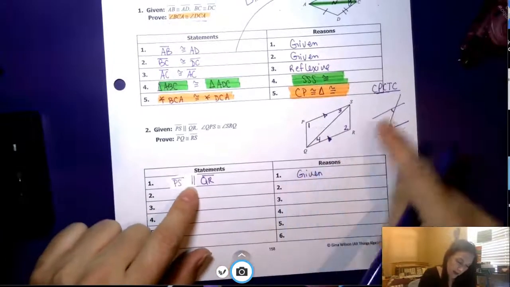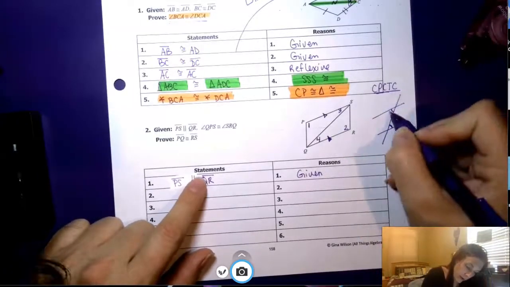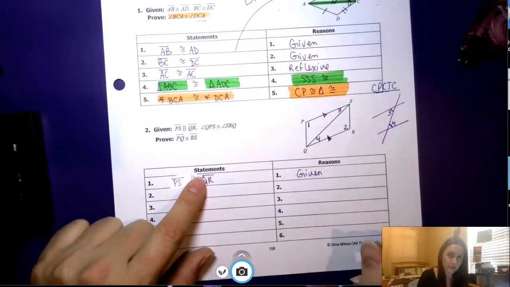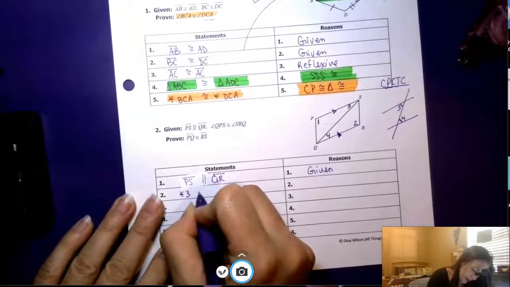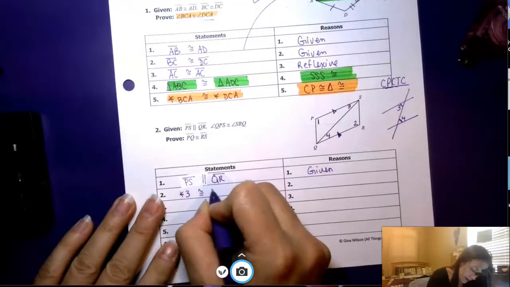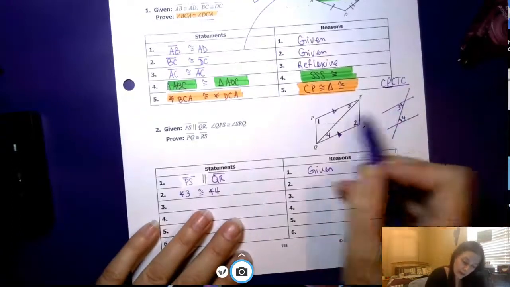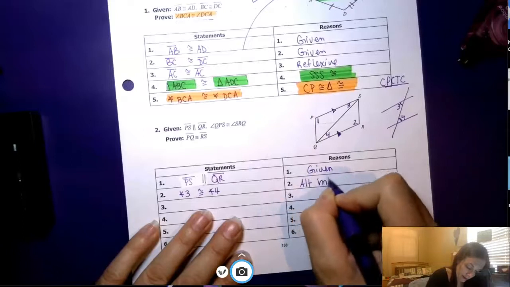Well, if PS is parallel to QR, don't I know that my angle 3 and my angle 4 have to be the same? So I'm going to go ahead and say that angle 3 is congruent to angle 4 because what type of angles are they? They're alternate interior.